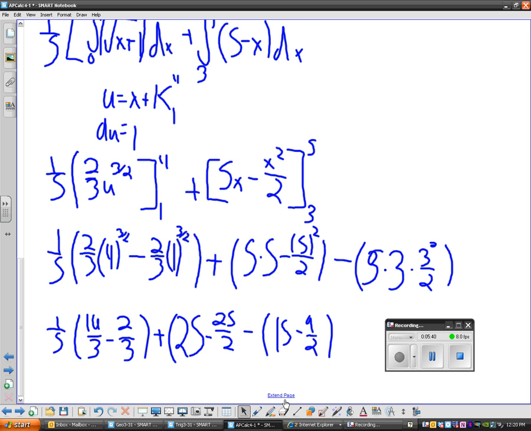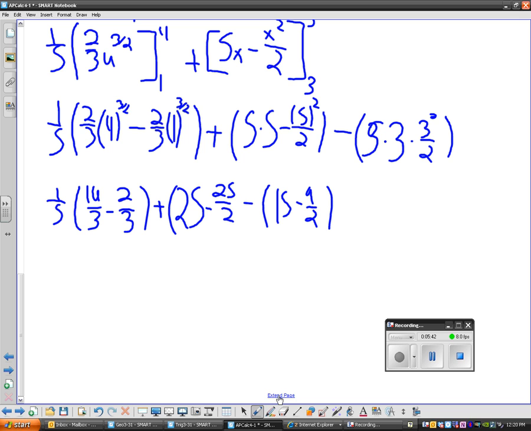Okay. And that simplifies to 1/5 times 20/3, which simplifies to 4/3.